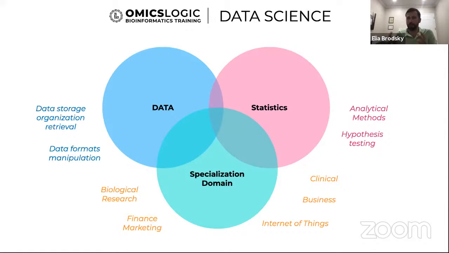So that domain could be biological research, finance, marketing, clinical, business, Internet of Things, a number of different things. And so typically when people say data science, they apply data manipulation and data management technologies and statistical inference to a variety of different domains. So in a lot of senses, data science is broad.